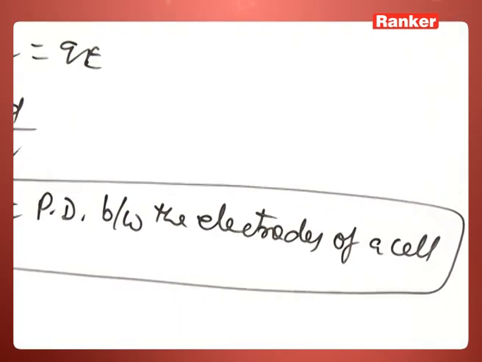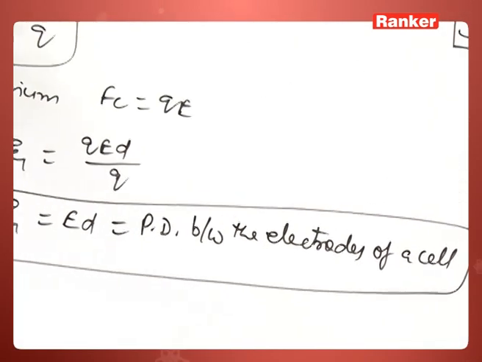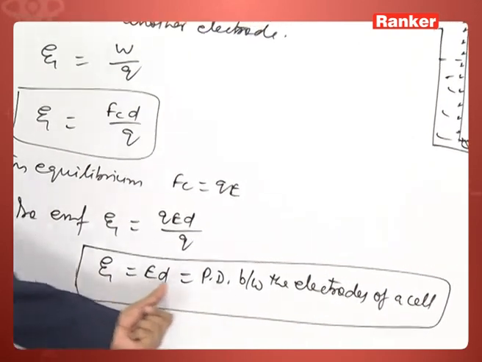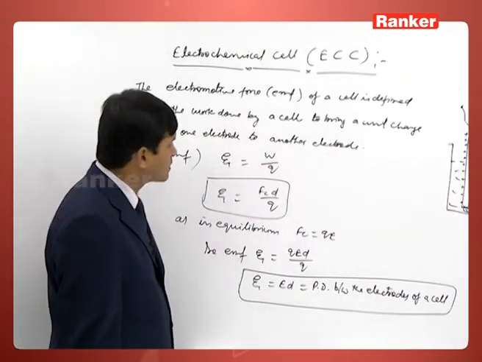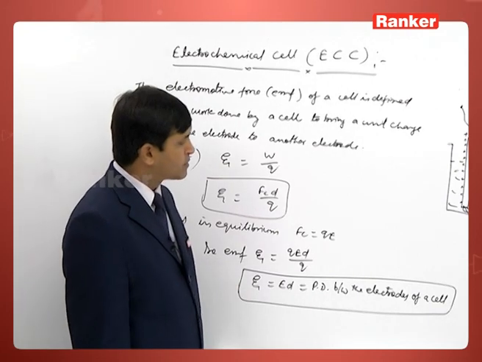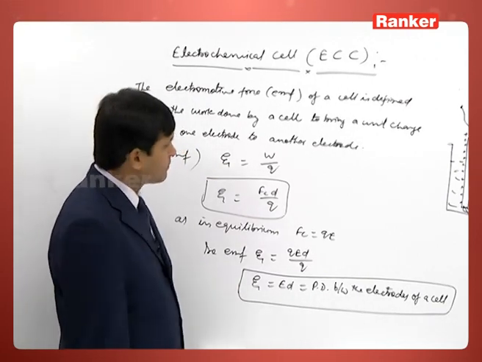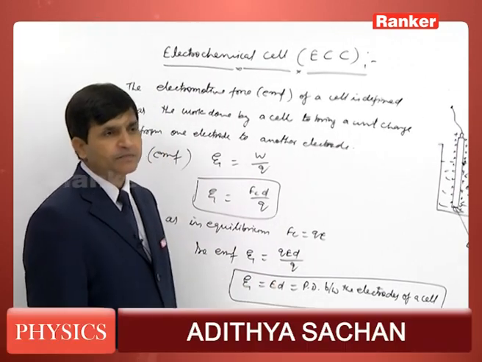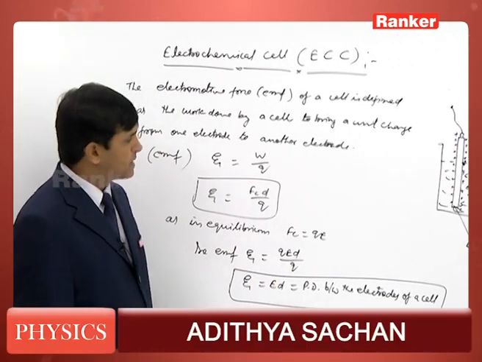But EMF depends on the chemical force, that is, on the chemical reaction. The numerical value of EMF could be equal to the potential difference between the electrodes of a cell, but it cannot be said that EMF and potential difference are the same physical quantity.